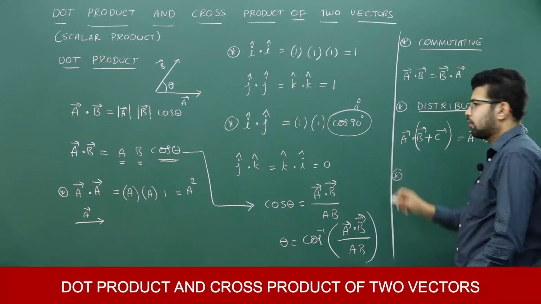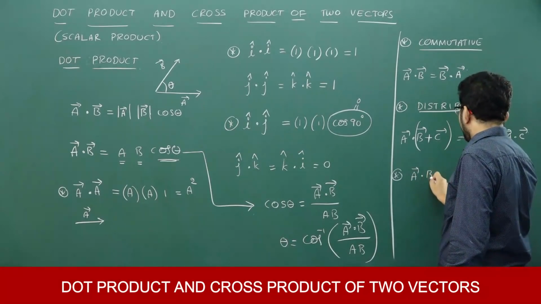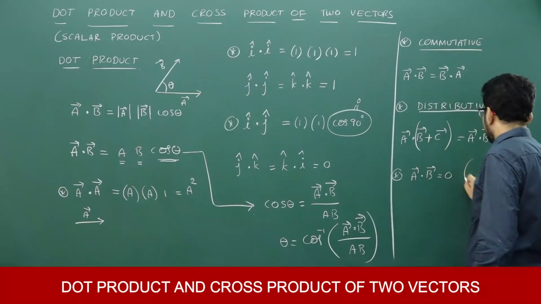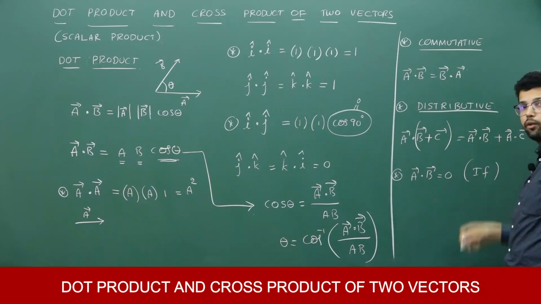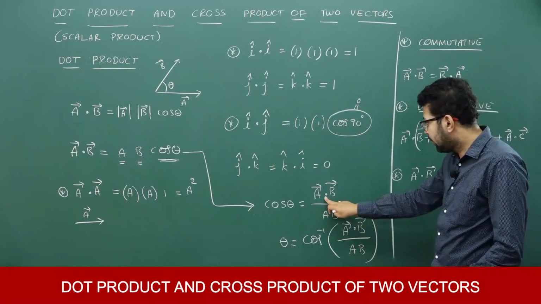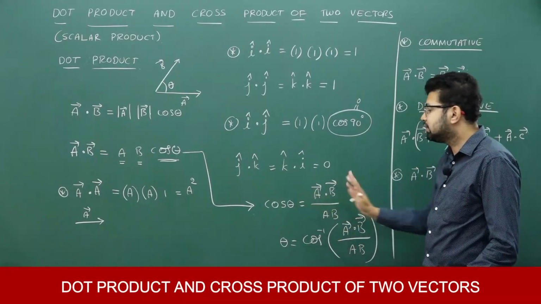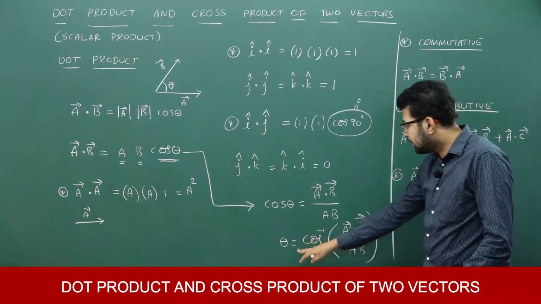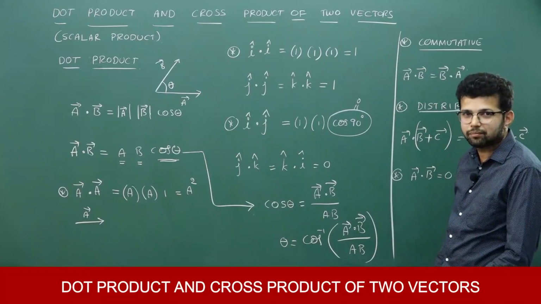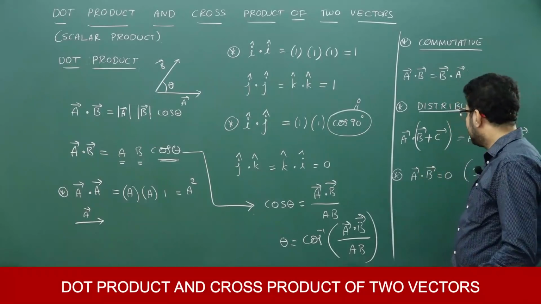One more. Say A dot B is 0. A dot B is 0 means what? If A dot B is 0, then cos theta is 0, because 0 divided by anything is 0. So, theta equal to cos inverse of 0. We know cos 90 is 0, so cos inverse of 0 is 90 degree.